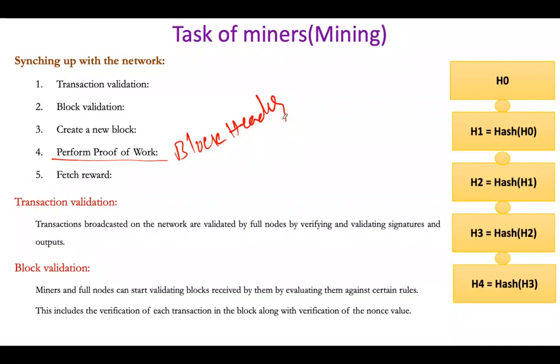The block header contains a 32-bit nonce field, and the miners are required to repeatedly vary the nonce until the resultant hash is less than the predetermined target.